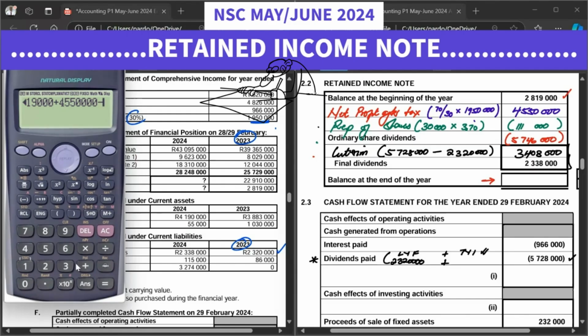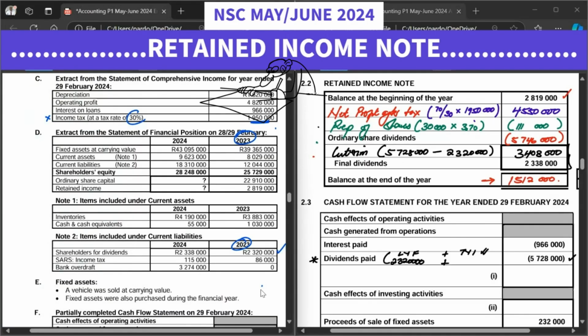Then I say minus now 111,000. So I subtract 111,000. Then I subtract again 5,746,000. And then that will now give me 1,512,000. That becomes your balance at the end of the year.